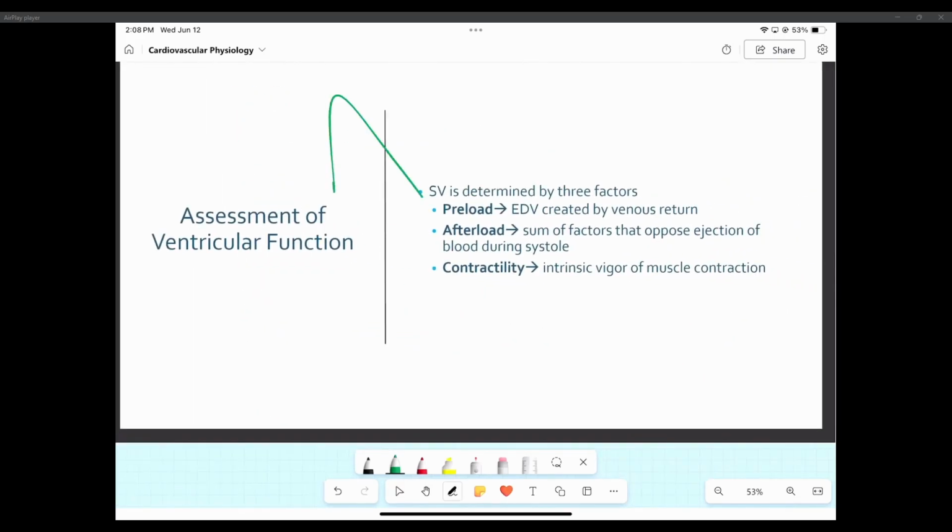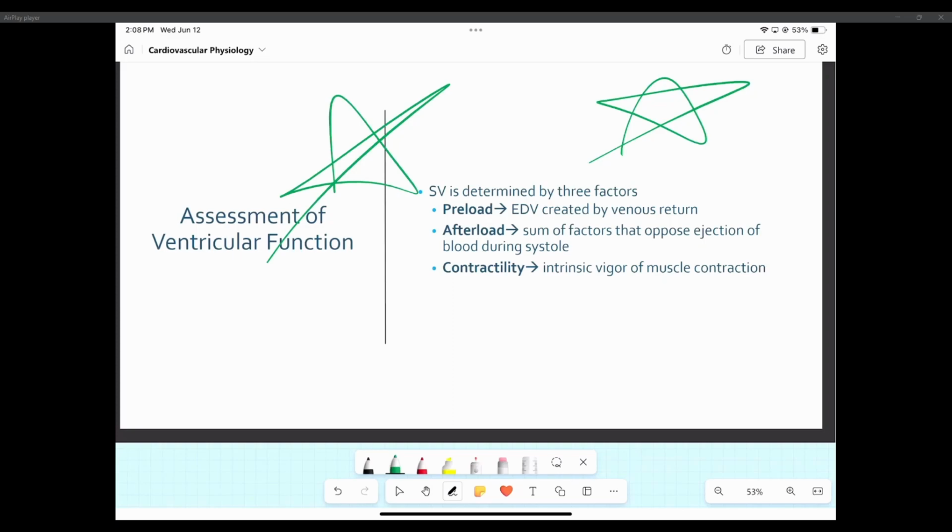Okay, star this one, highlight it, whatever. You got to know these three terms. Preload is created by your end diastolic volume. So end diastolic volume and preload are the same exact thing. It's the weight or the pressure on that resting heart. In the skeletal muscle, it's when you have a dumbbell in your arm and you're holding it.